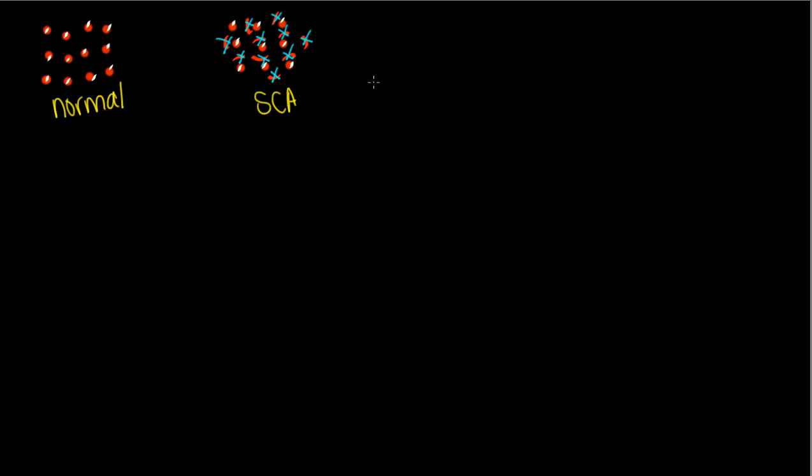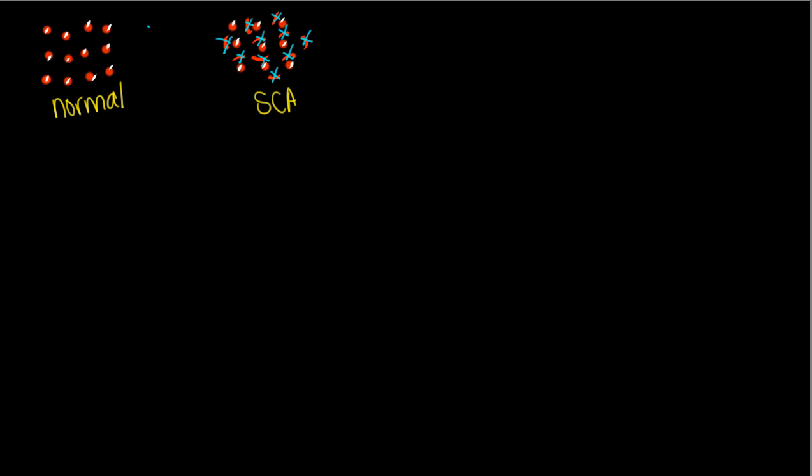And so here's the issue. I have a normal saturation of happy, healthy red blood cells here carrying oxygen in my body. And here, I have an uneven distribution because I have some happy, healthy red blood cells, but the rest are abnormal. They're mutated and they don't carry oxygen.